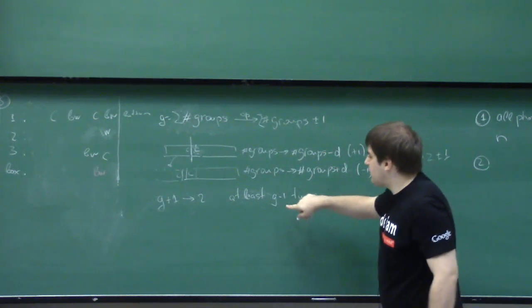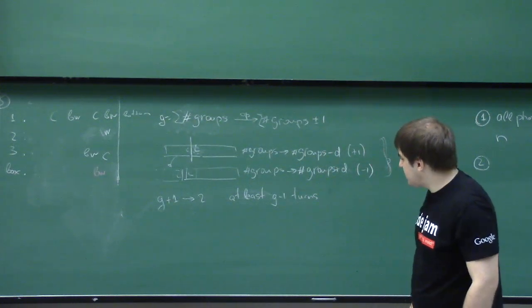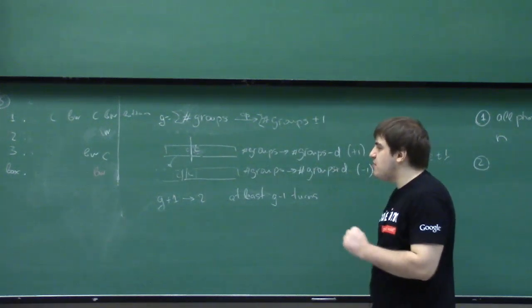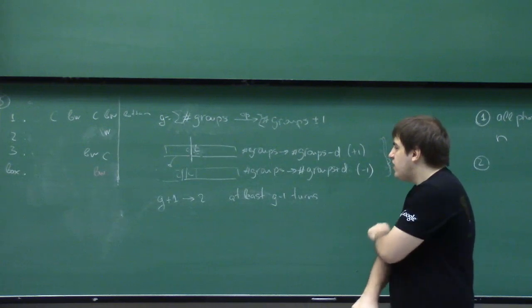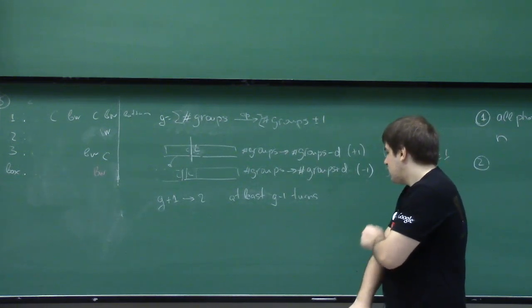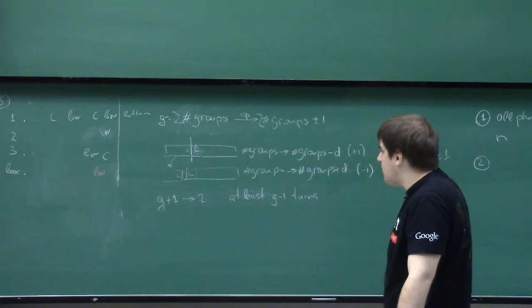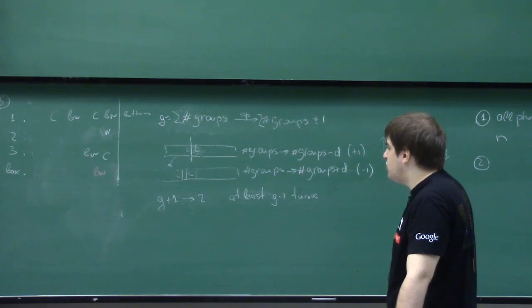So we have to perform at least G-1 turns, and we may perform G-1 turns only if at some moment we do what?